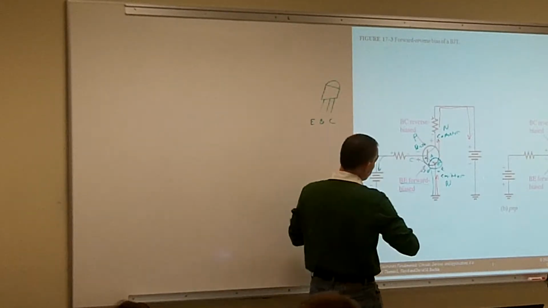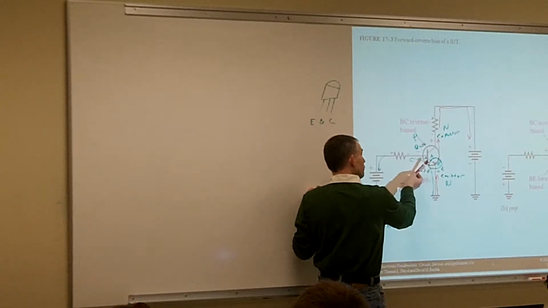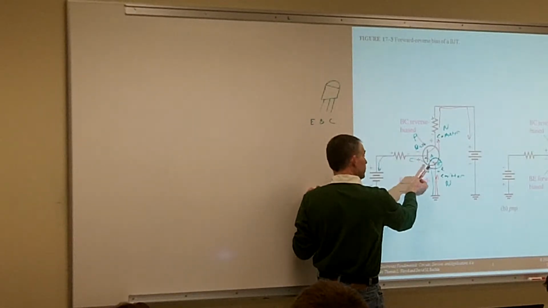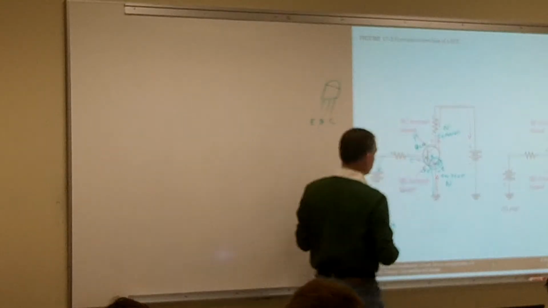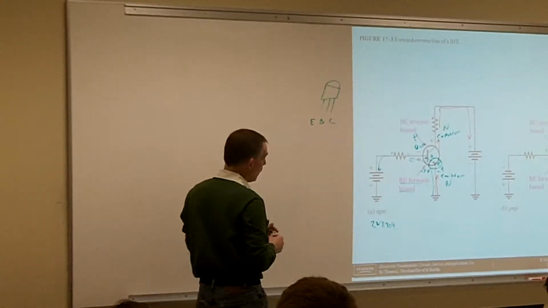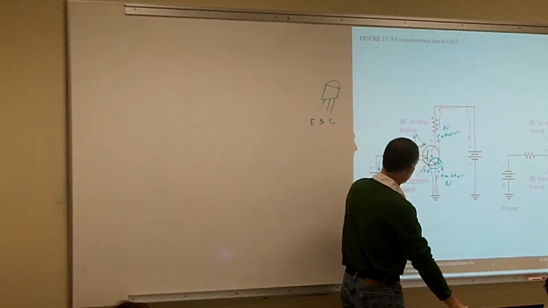Just like any other solid state device, they're current-driven devices, so a small amount of current here produces a large amount of current from our emitter to our collector. We have a small amount of current from our base to emitter, and a large amount of current from our emitter to our collector.